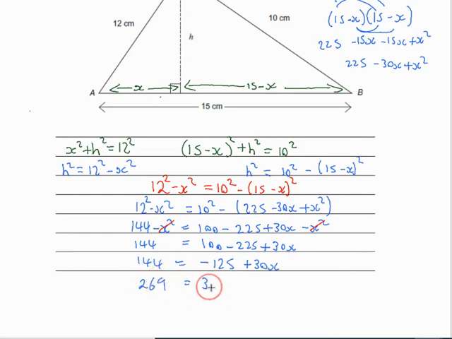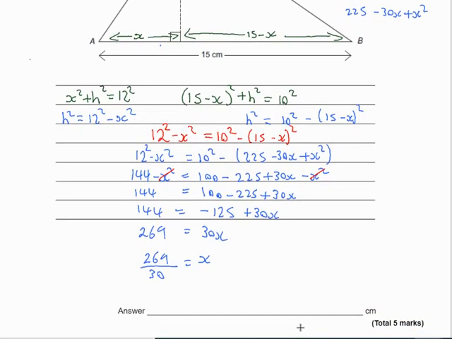That's equal to 30x. And then divide that by 30. I get 269 over 30 is equal to x. Let me just double check that I've done everything correctly. Looking good so far. So that's our value for x.